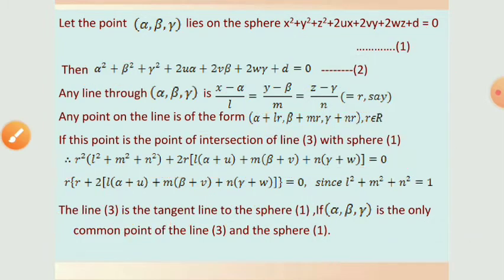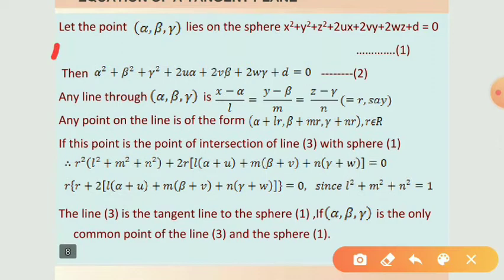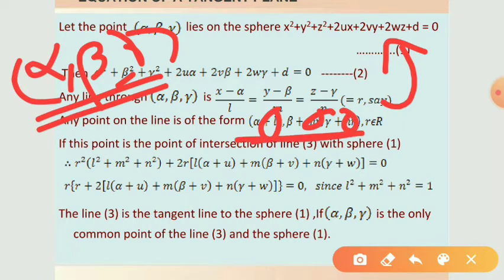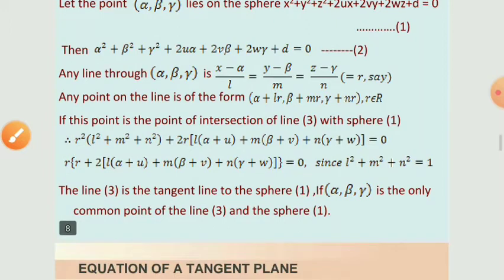Since alpha, beta, gamma is the only unique point of intersection of this line with this sphere, therefore we must have R is equal to 0 as the only root of this equation.